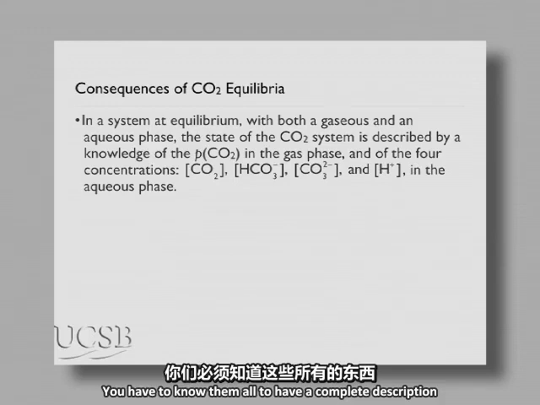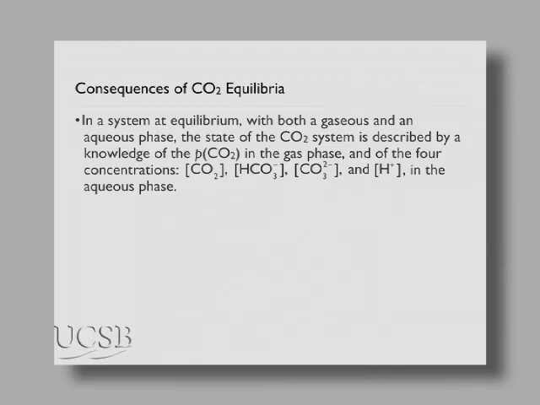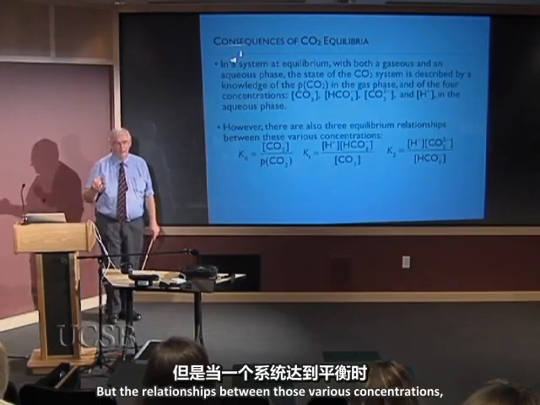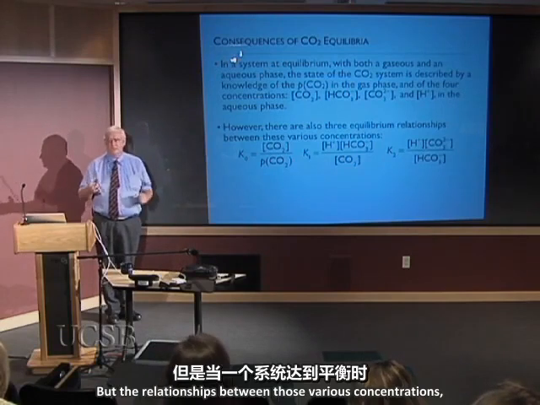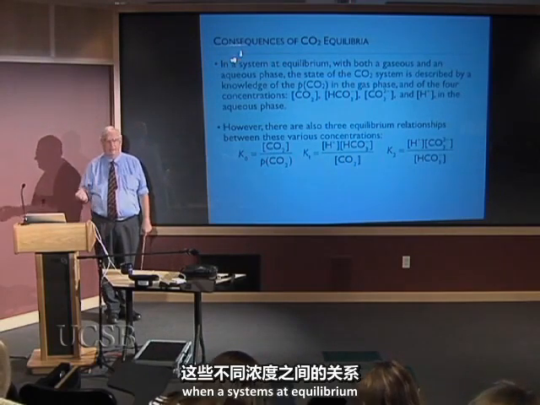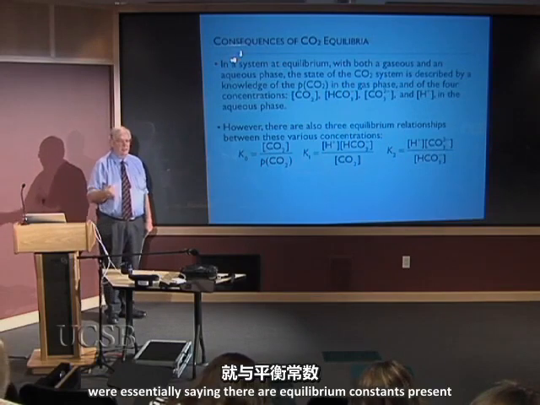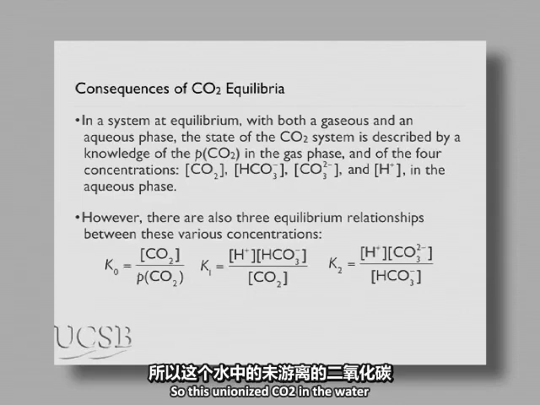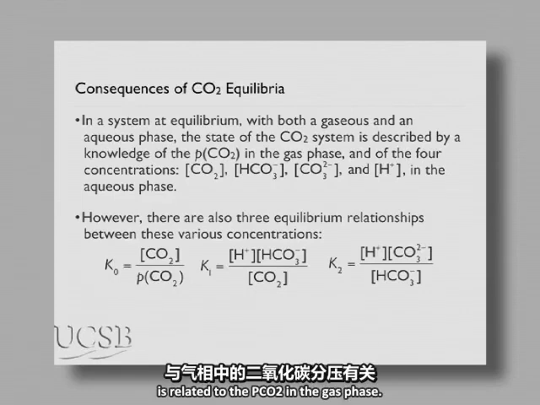You have to know them all to have a complete description of what's going on. But there are relationships between those various concentrations. When a system's at equilibrium, we're essentially saying there are equilibrium constants present that relate concentrations. So this unionized CO2 in the water is related to the PCO2 in the gas phase.